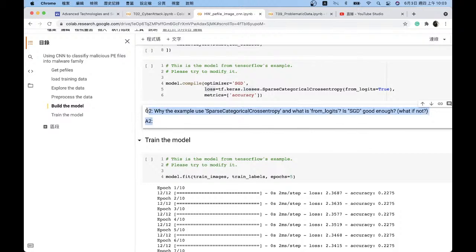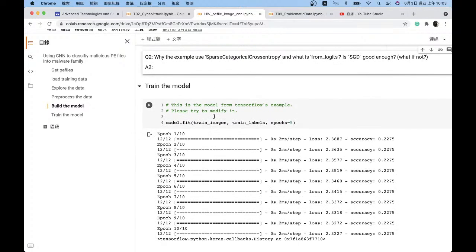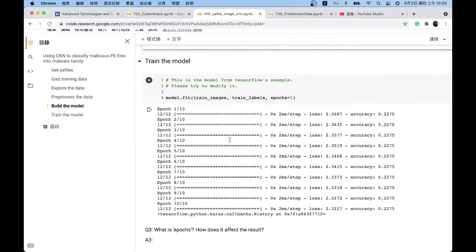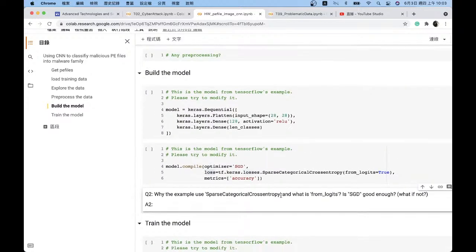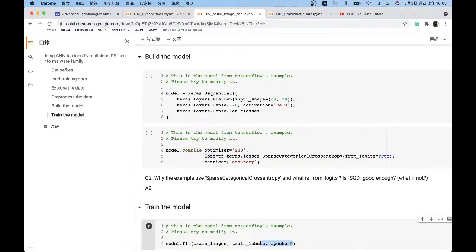I believe you have answered those things, so I think you have already checked out those functions in Keras. So I believe the accuracy of the model right here should be higher than 80%, no matter how you change your network, because in the model I use right here the epoch count is very small.